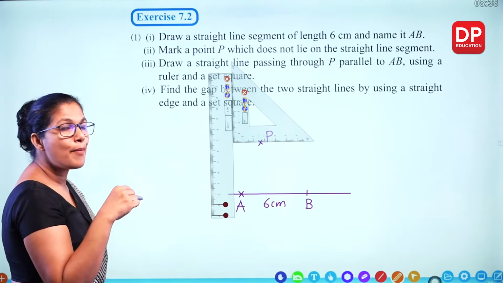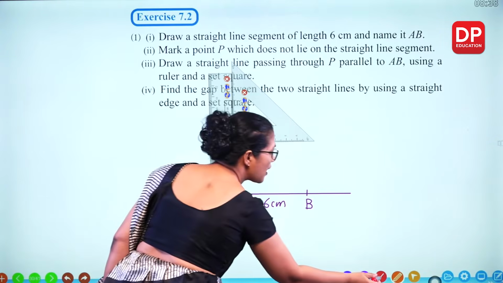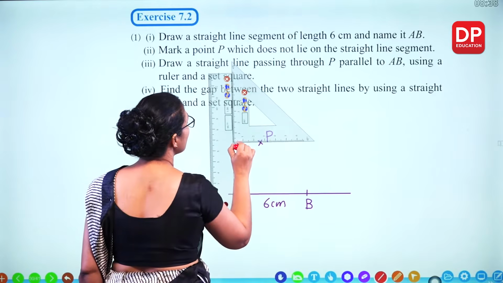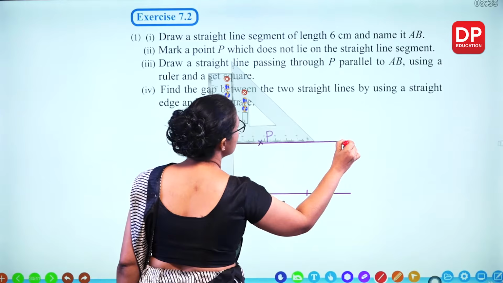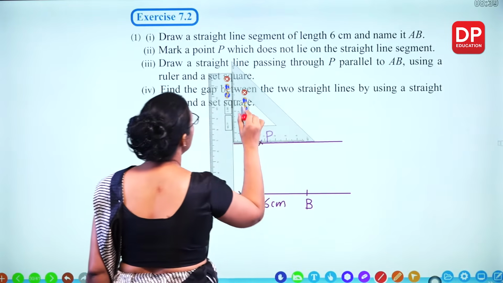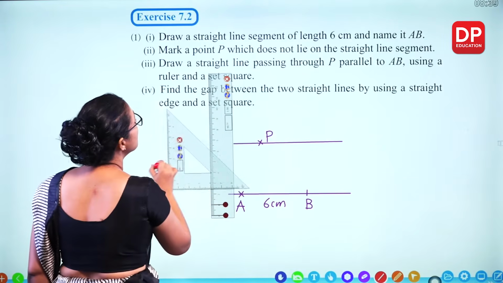Passes through the point P. Now you can draw the line. So this is parallel to AB and passes through the point P.